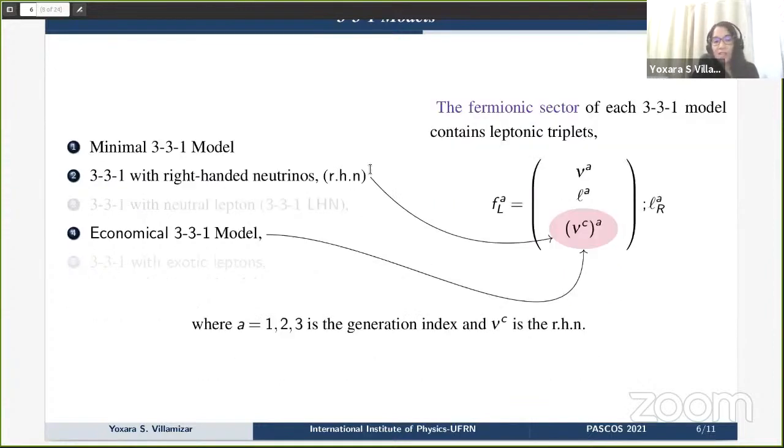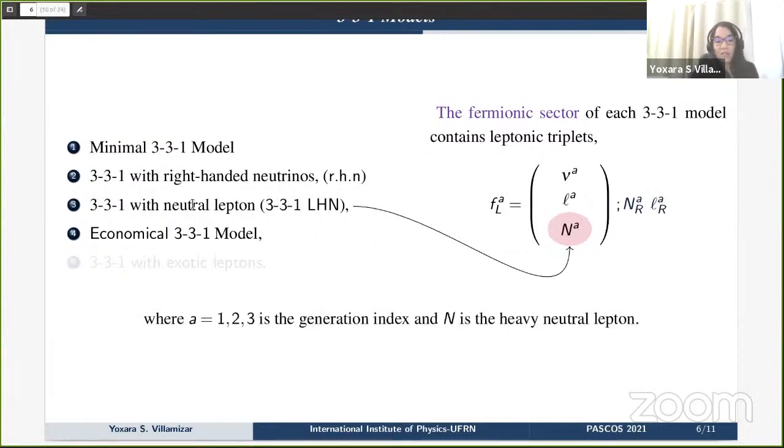In 331 RHN and the economical model, the right-handed neutrino appears in the third component here. In the 331 with neutral heavy leptons, this particle is the third component, and there are singlets too. All leptonic triplets correspond to the 3 families.